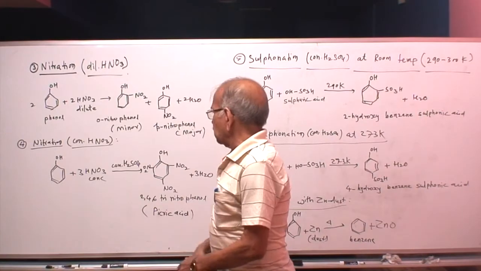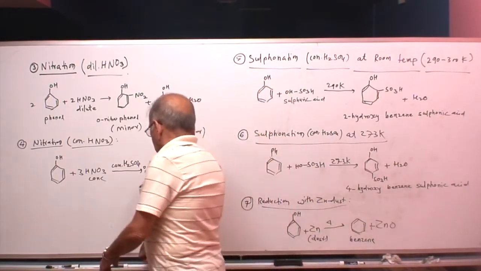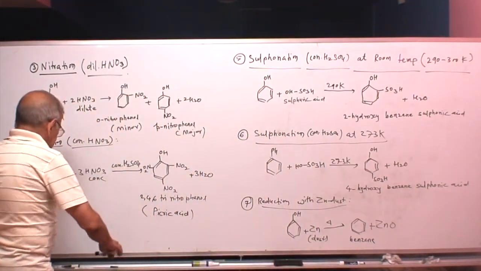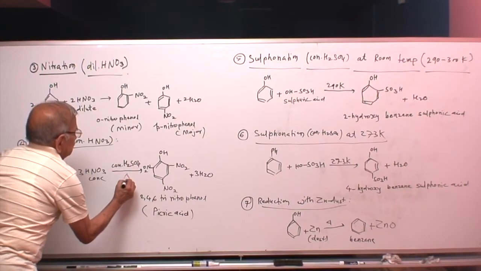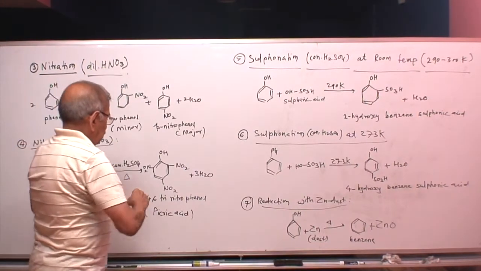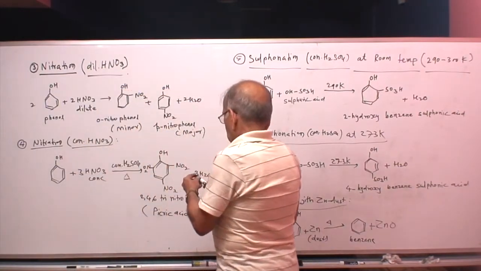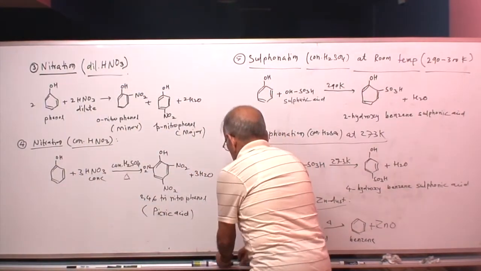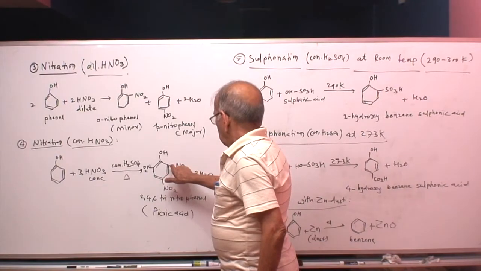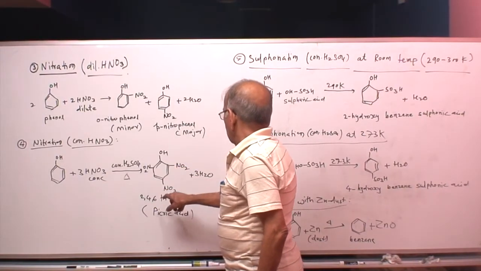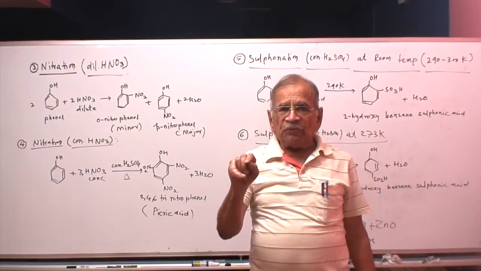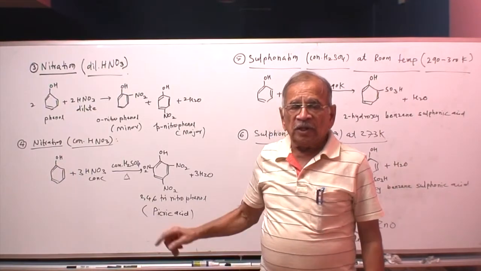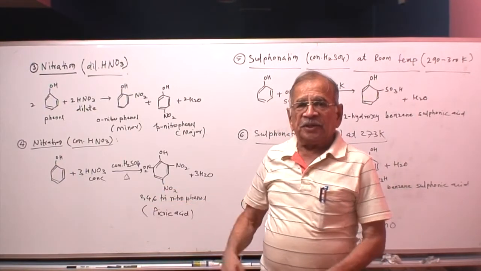Phenol plus 3HNO3 concentrated in presence of concentrated H2SO4, we have 2,4,6 trinitrophenol, and this 2,4,6 trinitrophenol is known as picric acid.